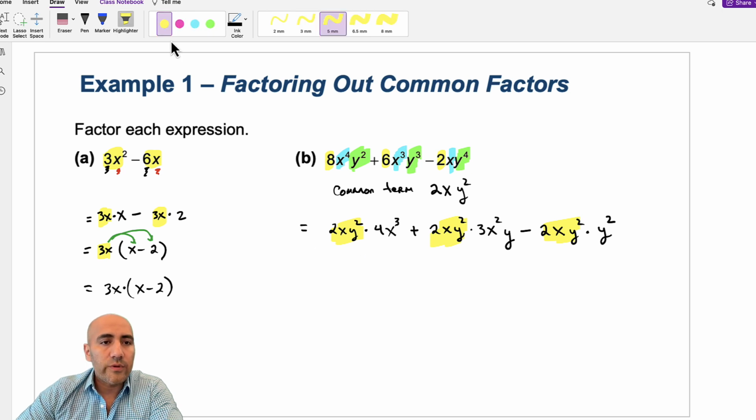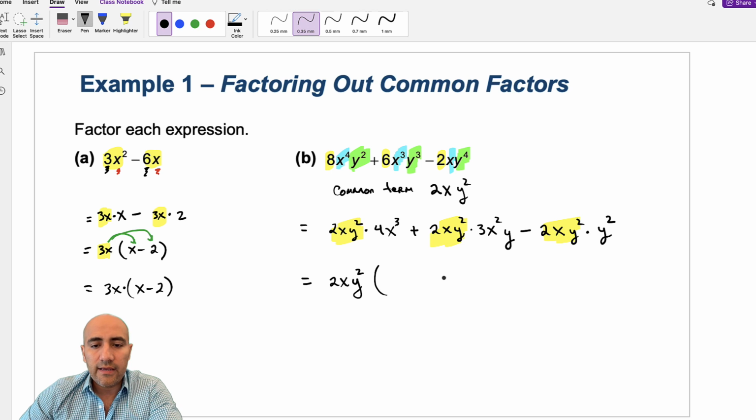And now we can do the reverse of distribution. Put the 2xy squared out there. And now, usually I skip this middle step and jump to this, where I write down the common term out here. And then I put the signs, the plus and the minus right in there.